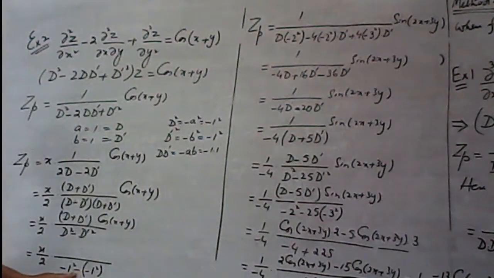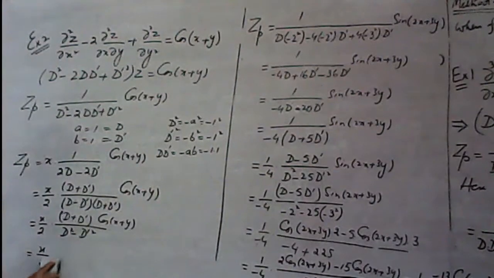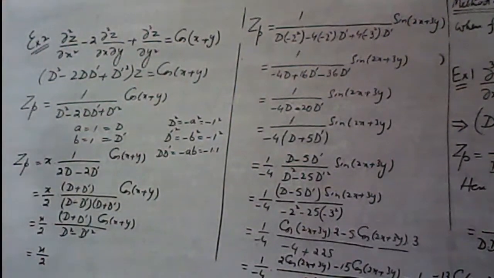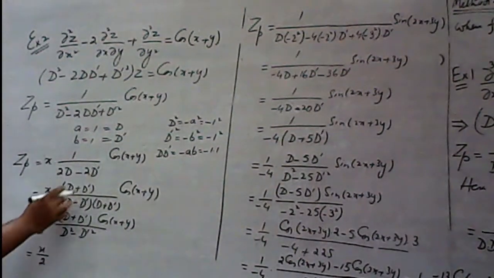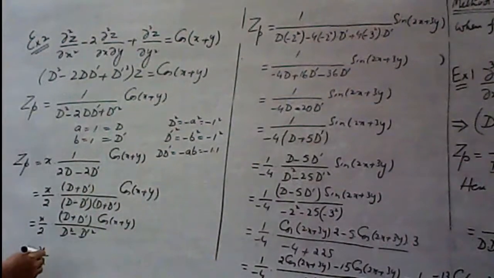So this minus multiplying with this minus becomes 0. So that is why what you need to do again is to differentiate it again.